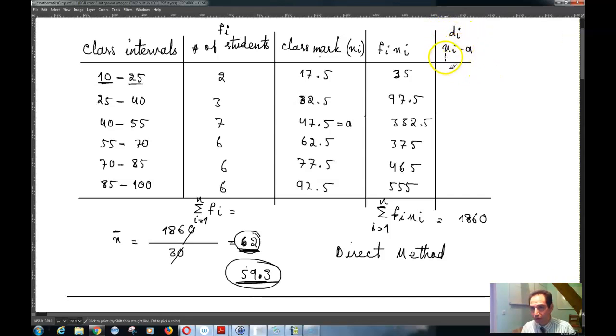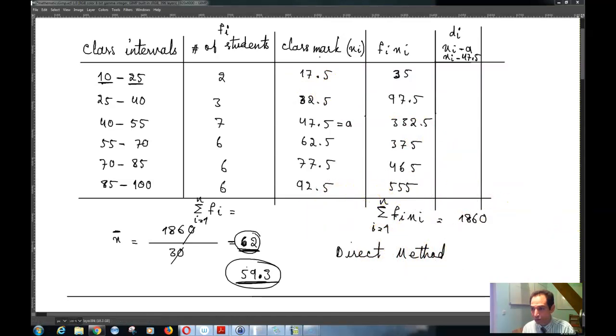I can also call this x of i minus 47.5. I can write all of these over here, that's basically the same thing. Now what that means is that in this column I will write all of my x of i's, which are all of these values, and subtract 47.5 from them.